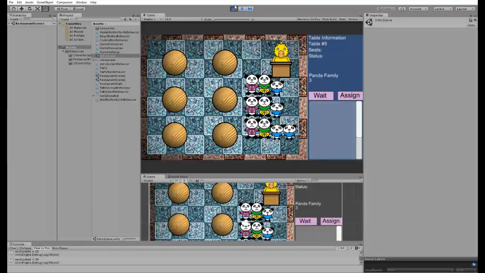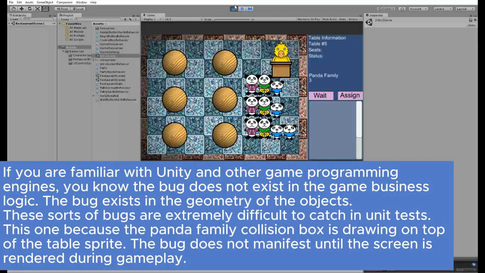I think I understand what the bug is. The region that they're in, the box around them that I'm using to define the clickable space, is overlapping, which is why it updates with their information even if I'm clicking on the table. These guys are overlapping with the clickable space on the table, and that's why the bug is there.